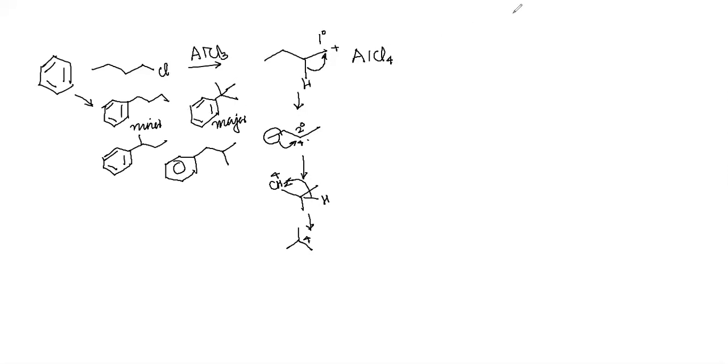Let us look at the next type of reaction, that is Friedel-Crafts acylation reaction. Benzene plus acid chloride, CH3COCl, in the presence of aluminum chloride. How do you get COCl? CH3COOH, you take an acid and react with SOCl2. You'll get acid chloride. Now here you can write the mechanism in the same fashion.